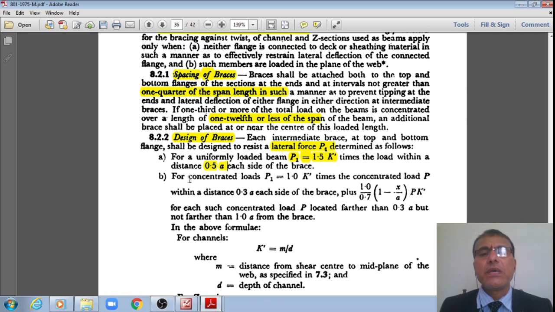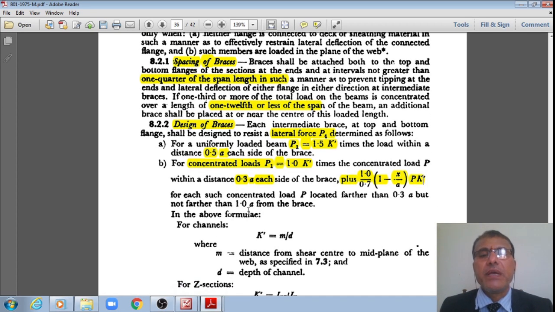However, for concentrated loads, this P1 is equal to 1 multiplied by K prime times the concentrated load P within a distance of 0.3 A on each side of the brace, plus this one divided by 0.7 multiplied by 1 minus x by A, P K prime for such concentrated load P located farther than 0.3 but not farther than A from the brace, this formula, right?